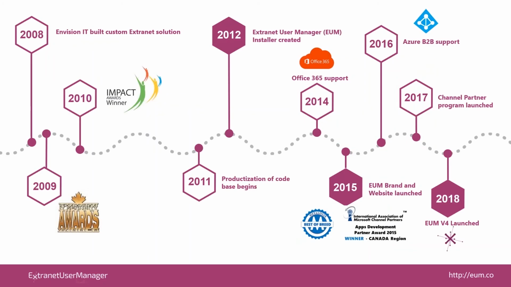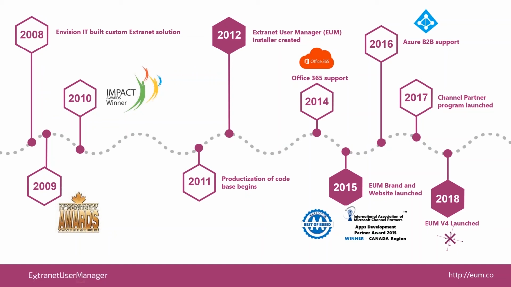For those of you that aren't familiar with our Extranet User Manager product, I thought I'd start with a quick history. It actually goes back about a decade or so. We started building custom extranets on SharePoint in 2007, and had a bespoke solution that we'd created for a number of different clients. About 6 years ago, we decided we need to productize that, get it to a common code base across all those different client implementations, create an installer, and then a couple years ago added Office 365 support, but still kept very strong support for on-premises SharePoint through all that.